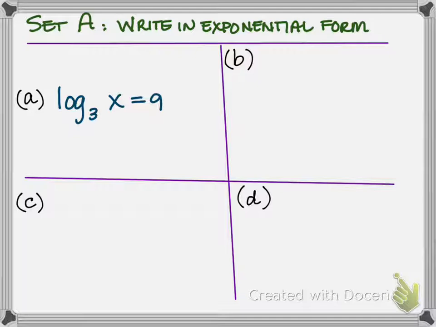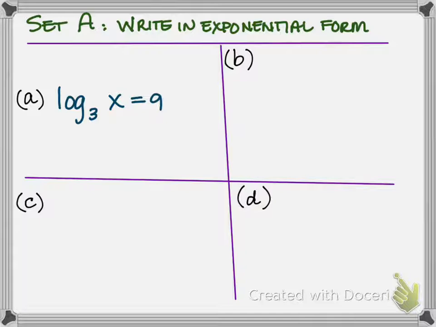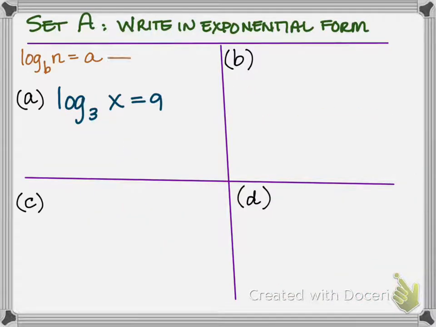If you recall, we already established our rule. Let me write down what we had over here, and bring it over to the other page so that you can follow along. We have log base b of n equals a, and that can be rewritten as b to the a equals n.